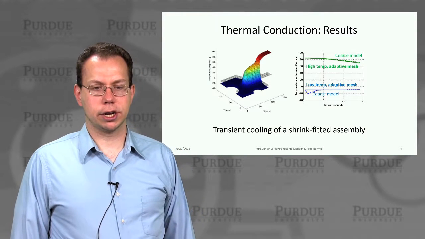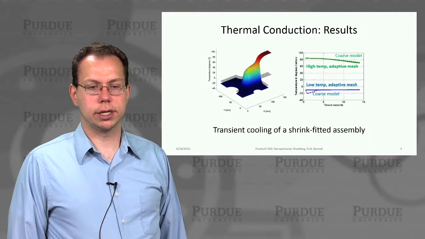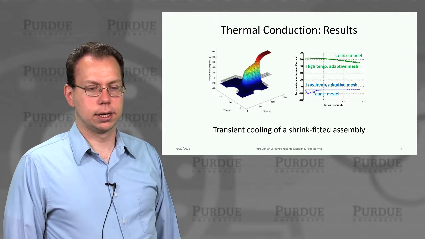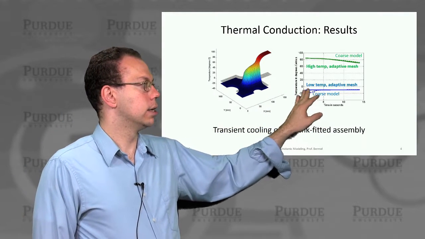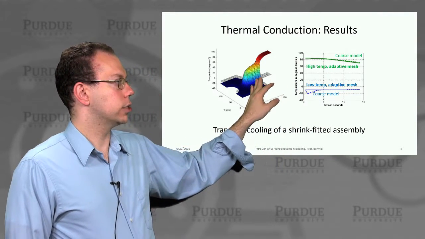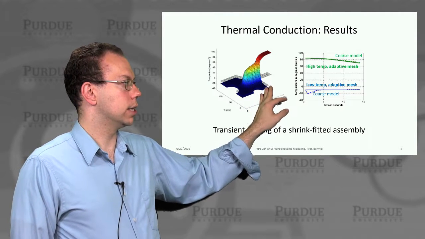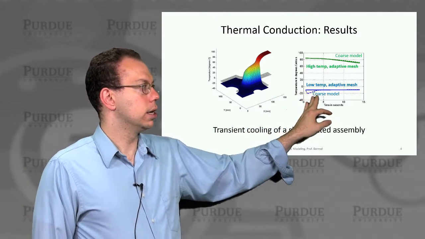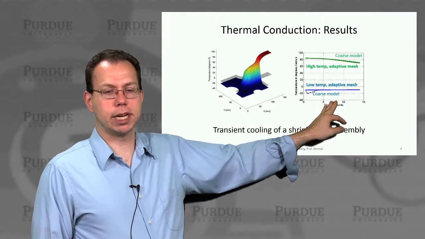And so now we're actually going to look at a comparison of these coarse and fine meshes. Okay. And so actually there are two cases that we would look at, like one in which you would actually have a low temperature region. Okay. So that's like on the bottom here. And you'd have an adaptive mesh, which is relatively fine mesh.